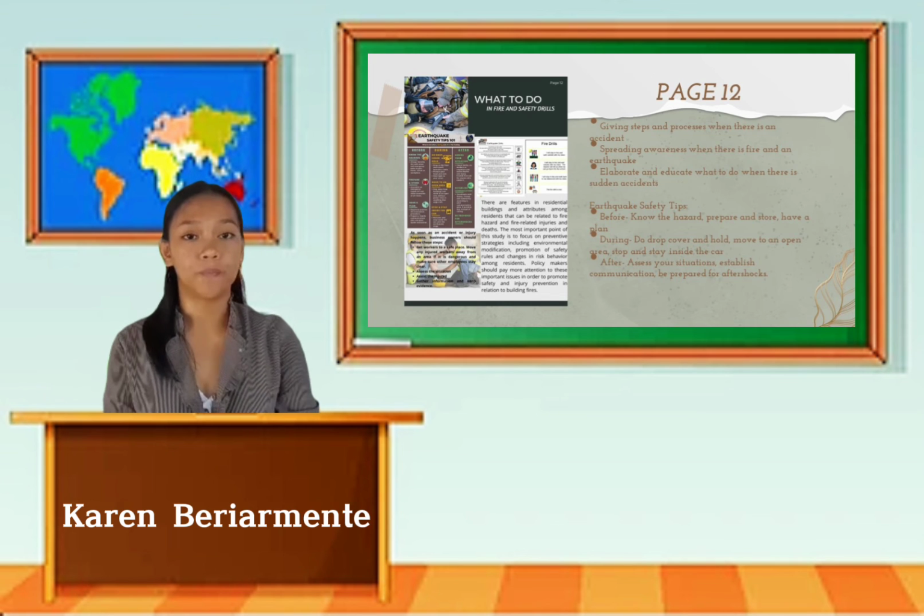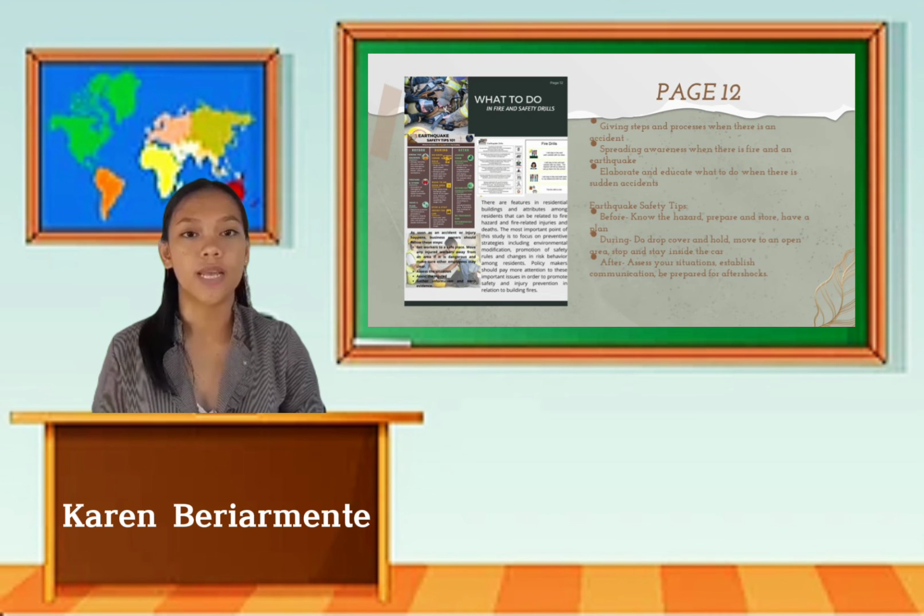So what to do? There are features in residential buildings and attributes among residents that can be related to fire hazard and fire-related injuries and deaths. The most important point of this study is to focus on preventive strategies, including environmental modification, promotion of safety rules, and changes in risk behavior among residents.